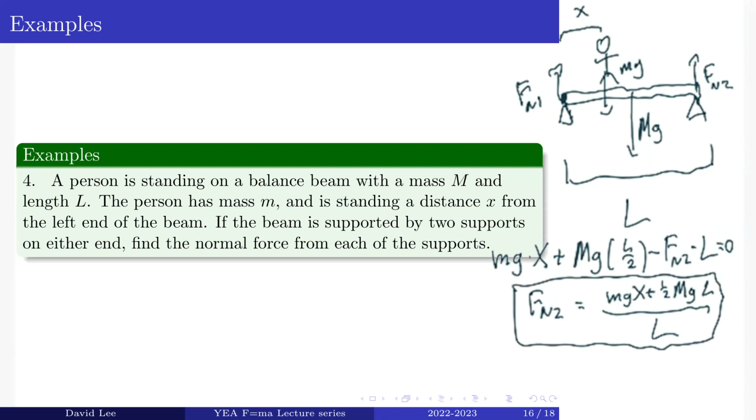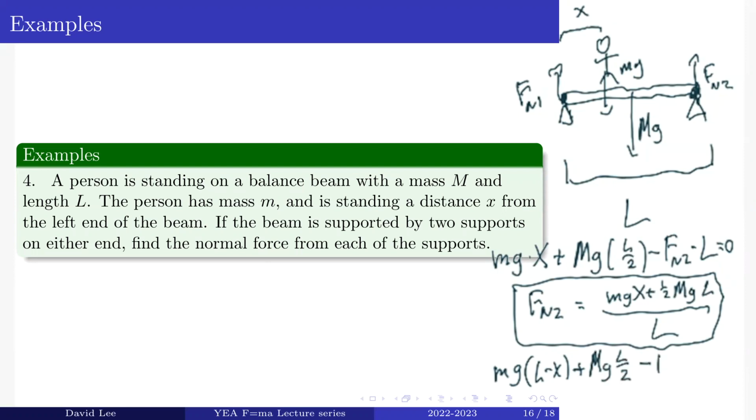And similarly, if we choose the right endpoint to be our pivot, well, now what's the torque? There's the torque from the person, mg times L minus x. There's the torque from the balance beam, mgL over 2.